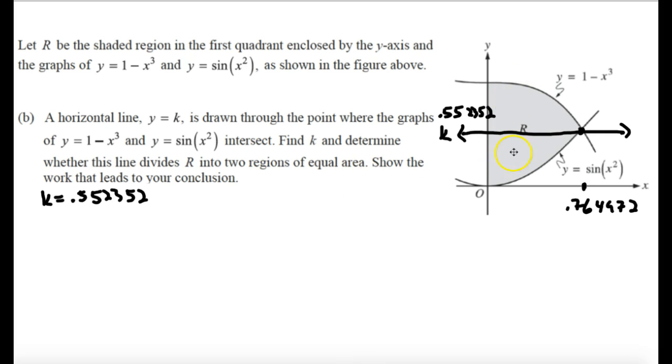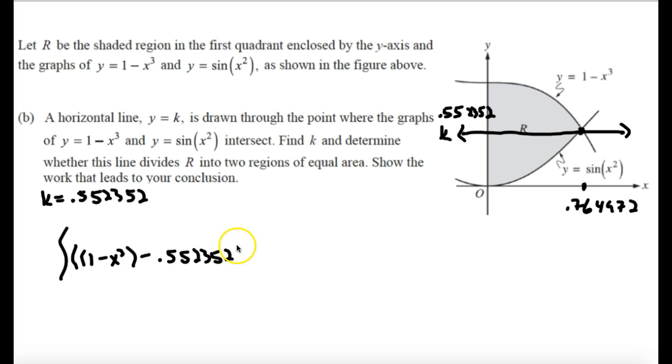Now, I want to determine whether this line divides R into two regions of equal area. So I need to find the areas of these two regions separately. The first area would be top curve minus bottom curve, 1 minus x cubed minus this number. So that'll be my first function: 1 minus x cubed minus 0.552352.